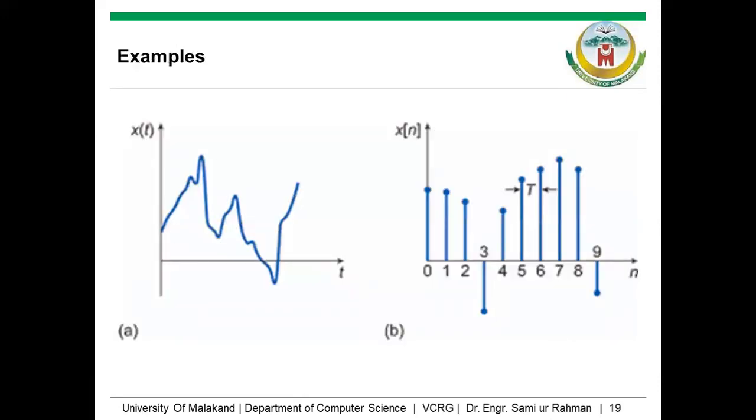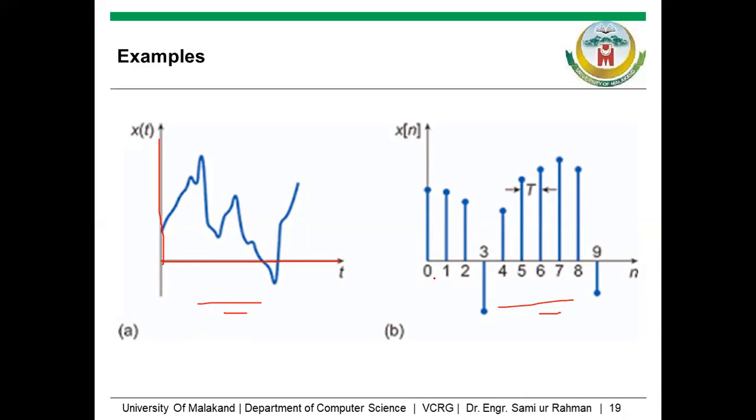Now, these are two examples. Okay, one is this one and one is this one. So this line shows time, and this shows some value at a given time.